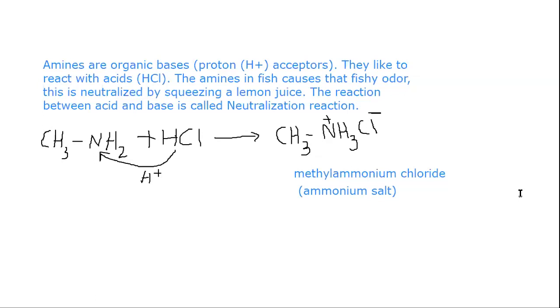CH3 is called methyl. NH3 with 4 bonds is called ammonium. And Cl minus is called chloride. So the name of this compound is methyl ammonium chloride.